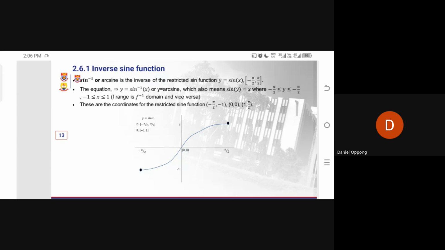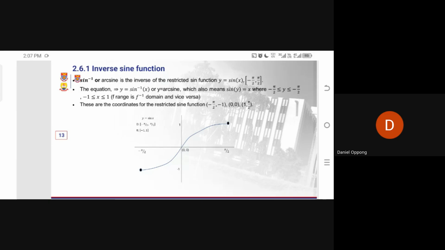If you look at the sketch for the sine graph, the sine function and its inverse have identical graphs, because a function and its inverse have identical graphs. We stated it in the first slide, the theorems. This is how the sine graph looks.